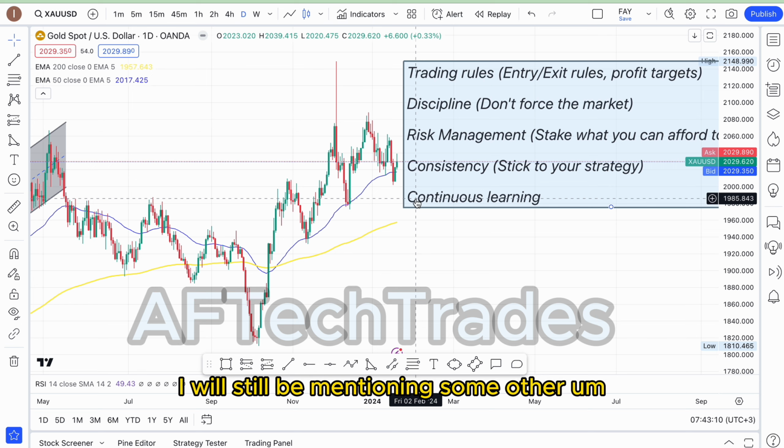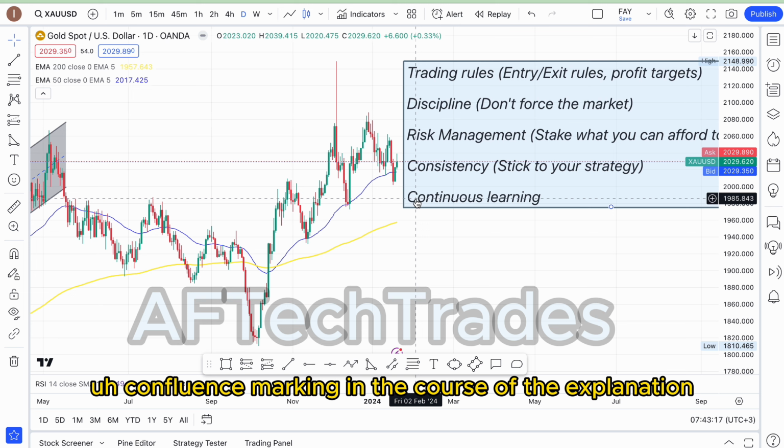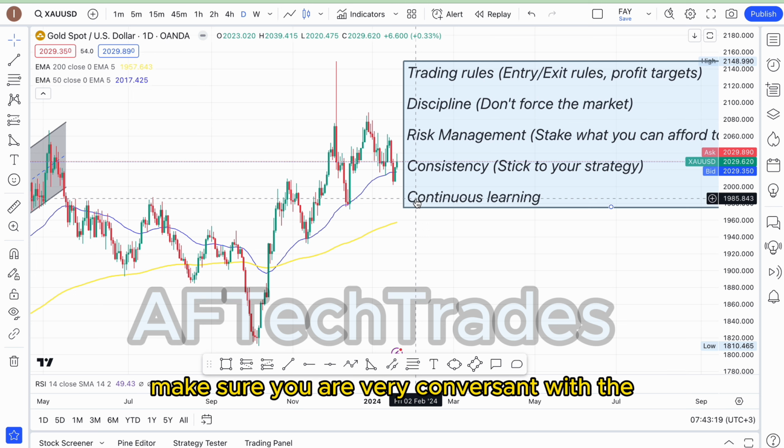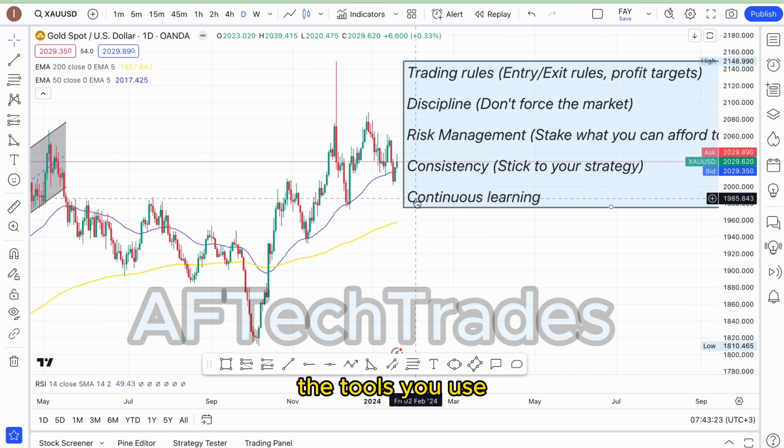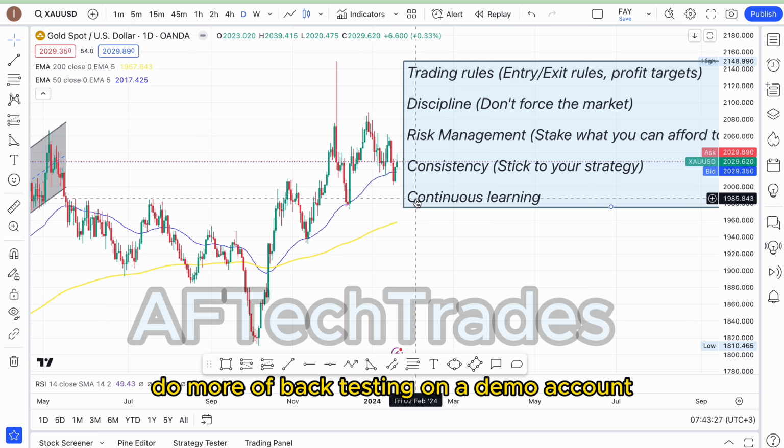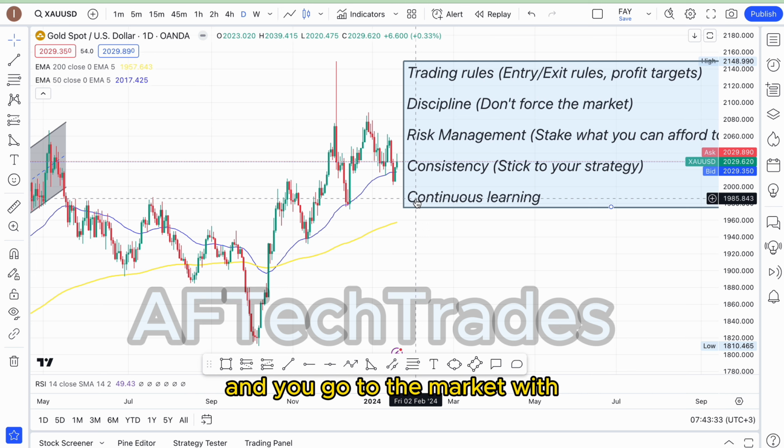I will still be mentioning some other tools that I use for confluence marking in the course of the explanation. Make sure you are very conversant with the tools you use. Study them more. How do they behave? Do more backtesting on a demo account. Then you will get confident in your strategy and go to the market with it.